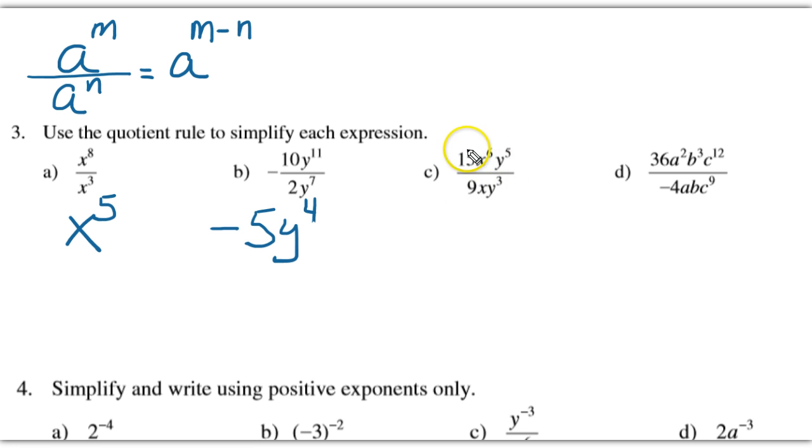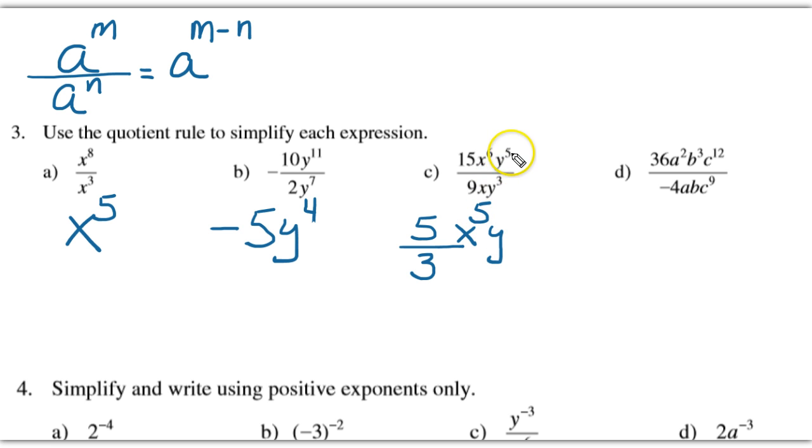Now here it doesn't go evenly to make a whole number, but there's going to be a fraction. So we could take a 3 out of the 15, and that would be a 5 left there. And a 3 out of the 9, and that would be a 3. And then x to the 1st subtracted from the 6th would be x to the 5th.